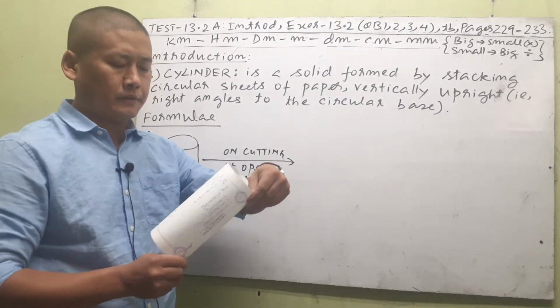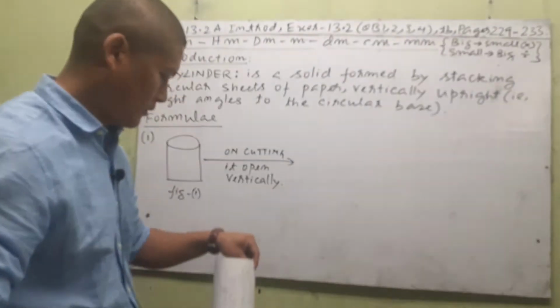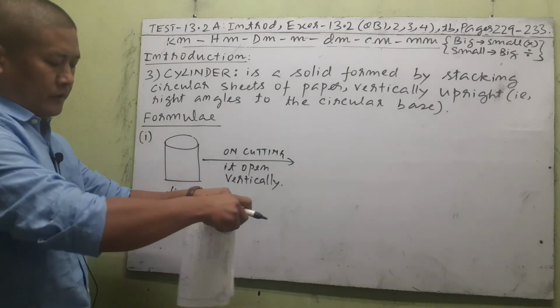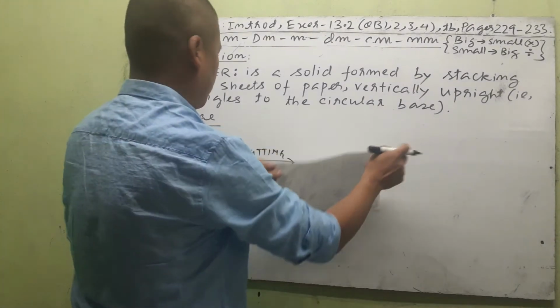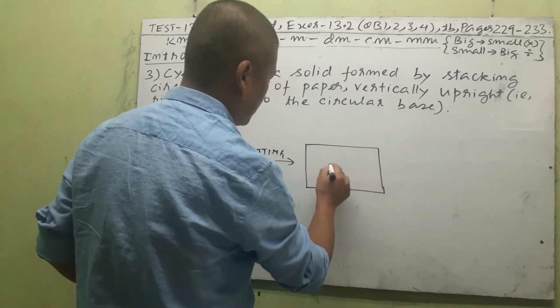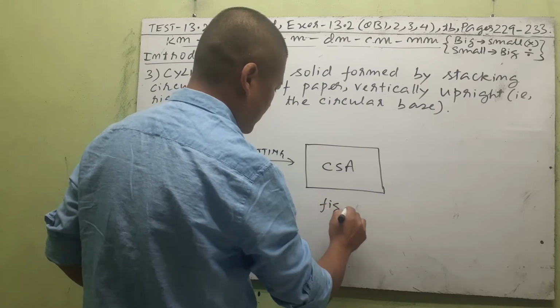Only the side portion is the curved surface area. As you cut it open, the curved surface area, or lateral surface area, becomes a flat rectangle, figure 2.